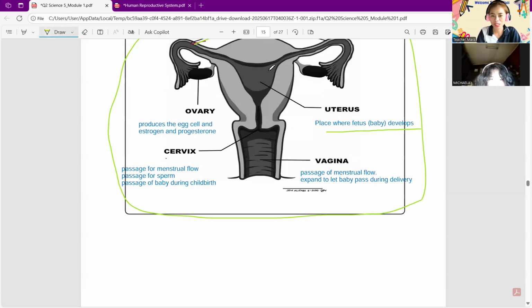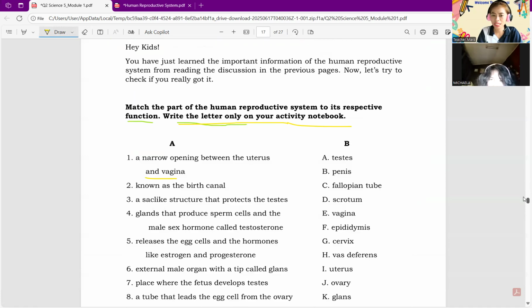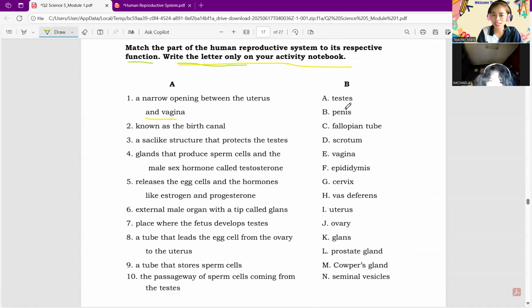Where is the uterus? Here, between the uterus part and the vagina part. So what is that narrow opening here? What is this part? Okay, cervix. So the narrow opening from the uterus to the vagina is the cervix, which is letter G.